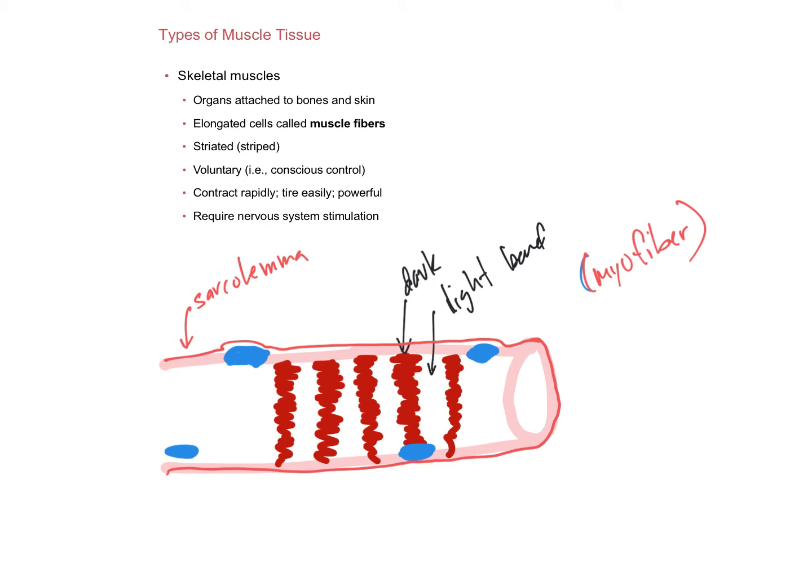On the inside of these muscle cells are what we call myofilaments. They're like little rods that extend out.